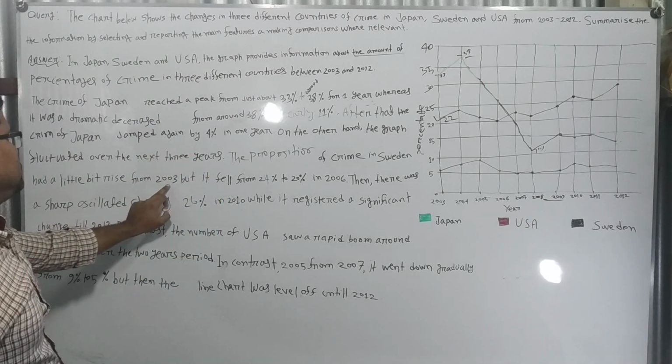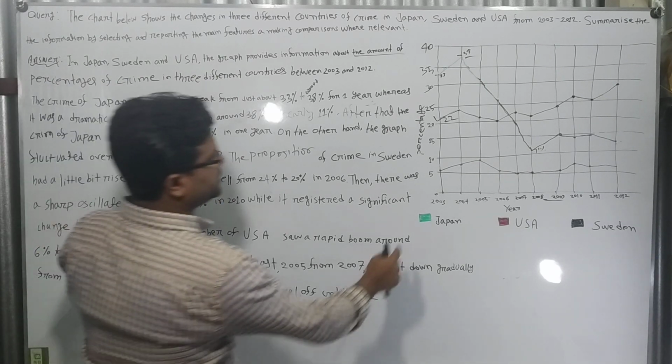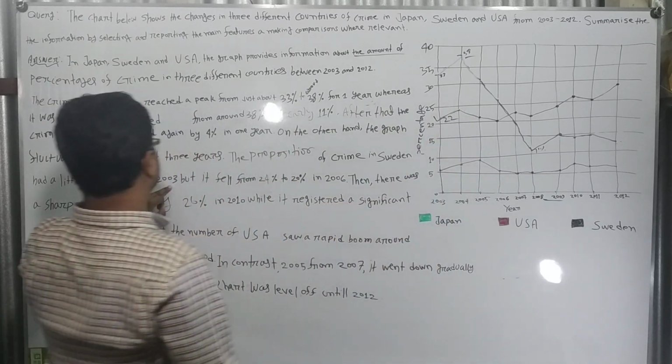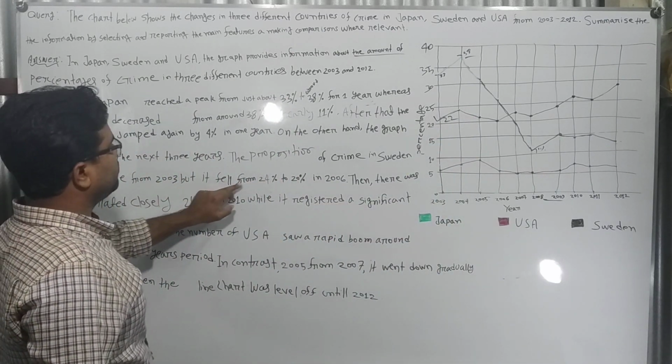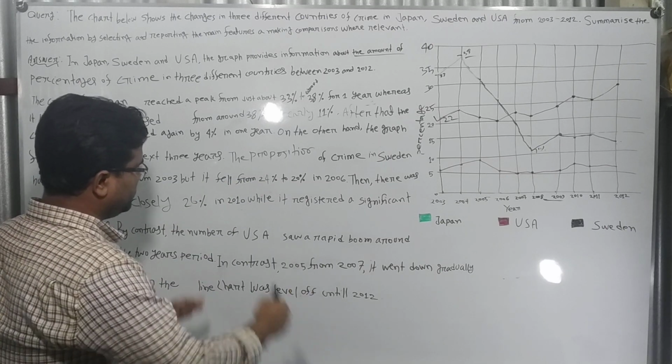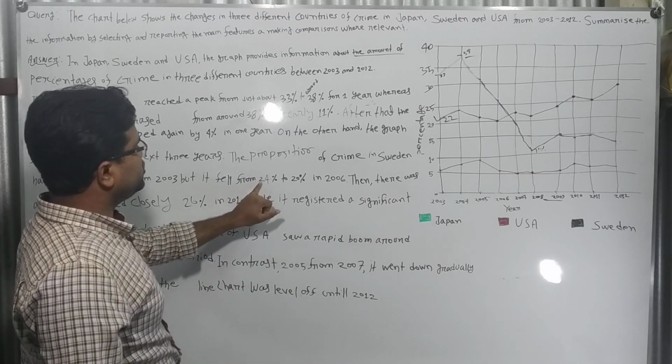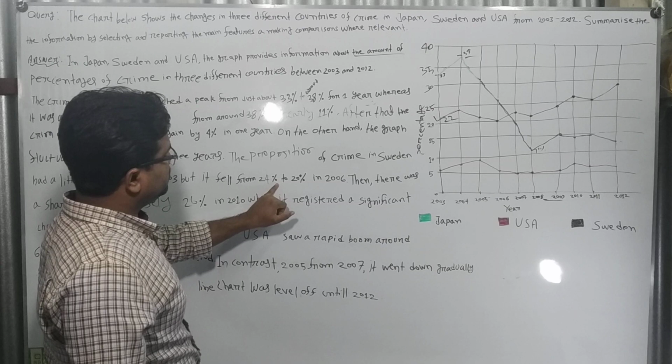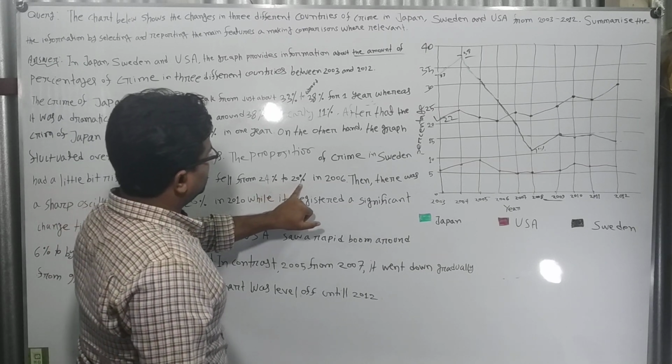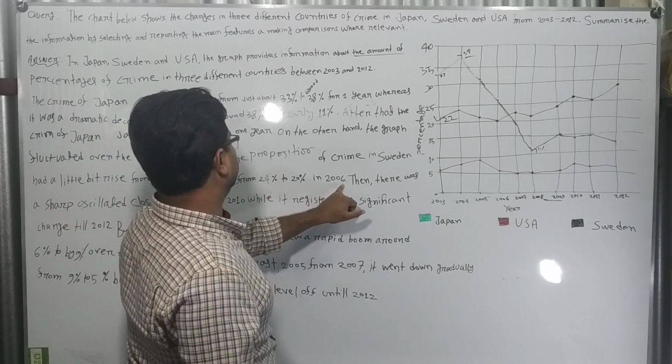বাড়ছিল from 2003 তে বাড়ছিল, যে এখানে এটা 2003 তে বাড়ছিল, but তবে it fell এটা আবার কি নিচের দিকে পড়ে গিয়েছিল 25% from 25% to 20% in 2006.